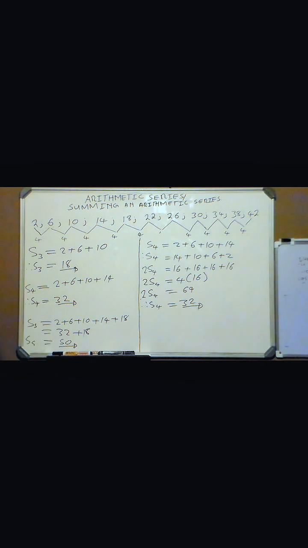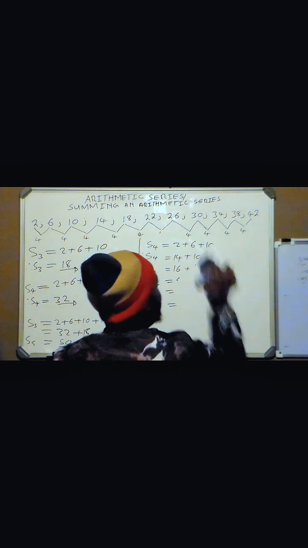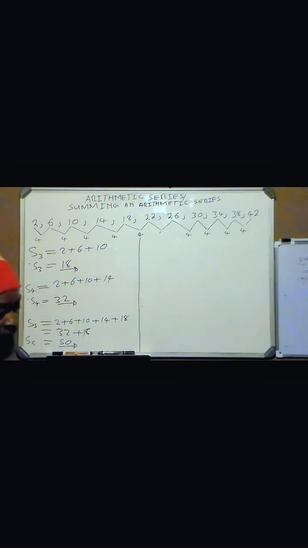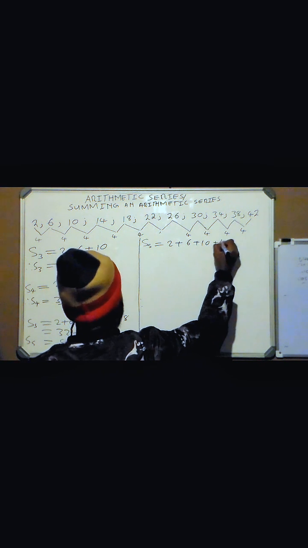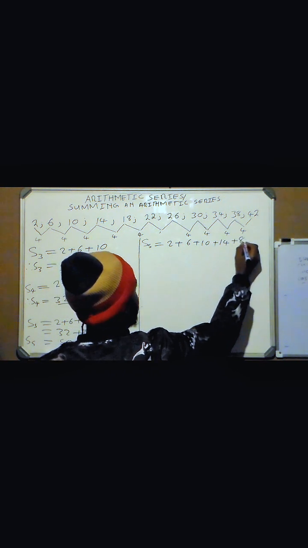Let's try the last one. Find the sum of the first 5 terms using this method again. Yeah, sure. Okay, so it's going to be S5 equals the sum of the first 5 terms, 2 plus 6 plus 10 plus 14 plus 18. 1, 2, 3, 4, 5, right?